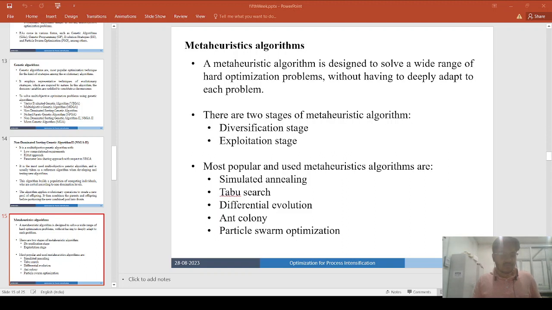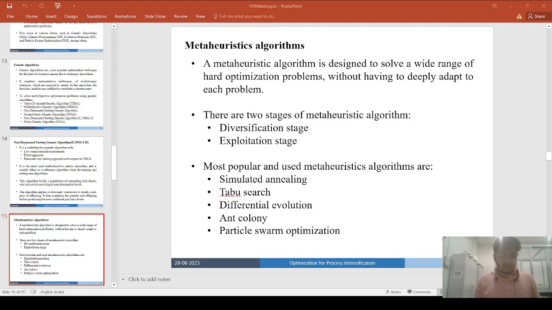There are two stages of a meta-heuristic algorithm: the diversification stage and the exploitation stage. A meta-heuristic algorithm depends on an appropriate balance between the diversification and exploitation stages.